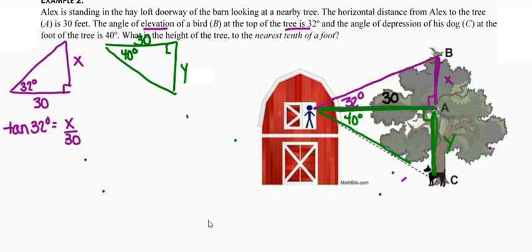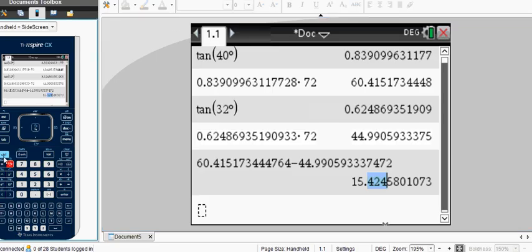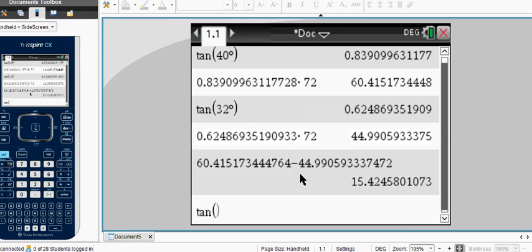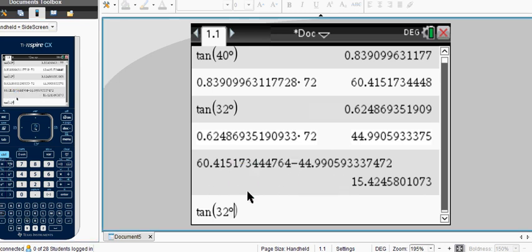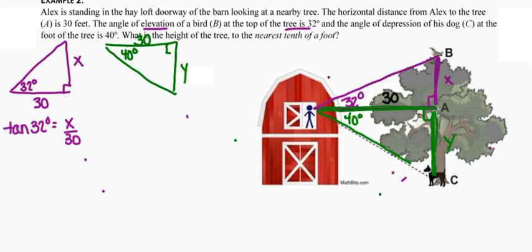And I'm going to go ahead and get the purple triangle all the way done before I do anything with the green triangle. So I want tangent of 32 degrees, which is 0.6248, and again, I'm going to put that over 1.